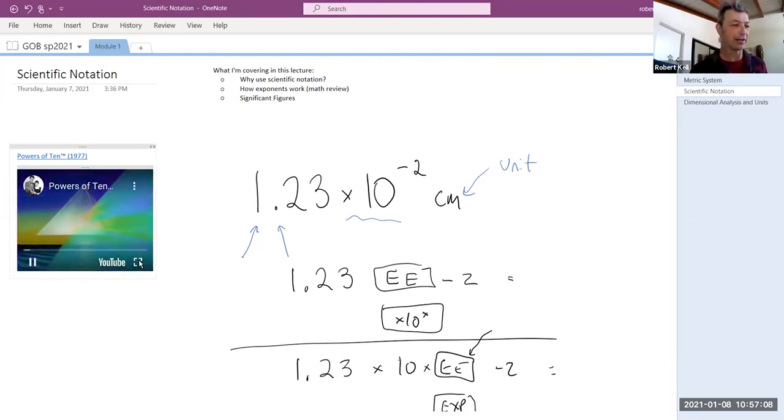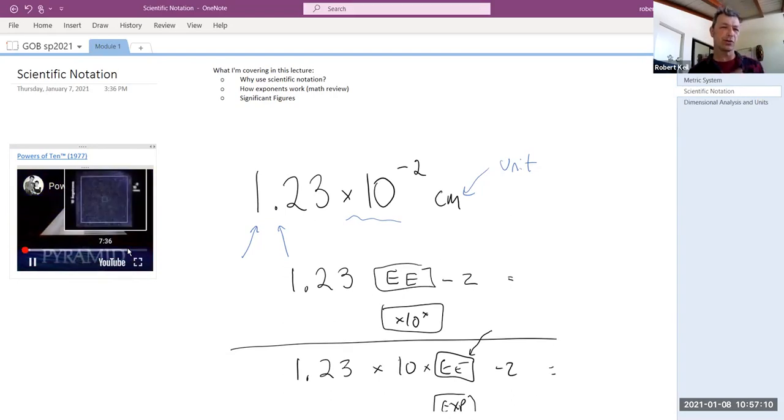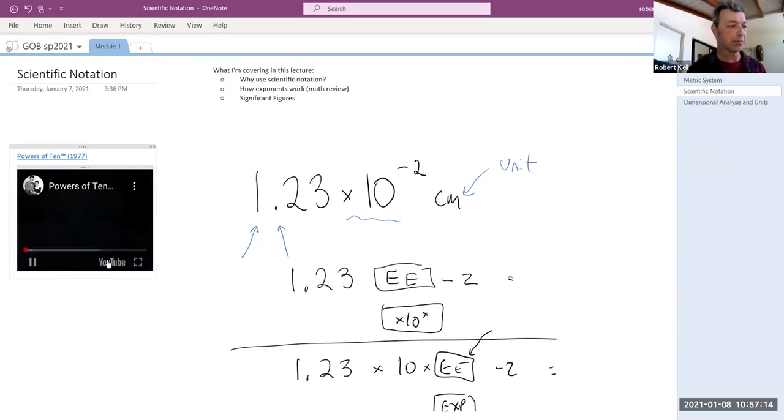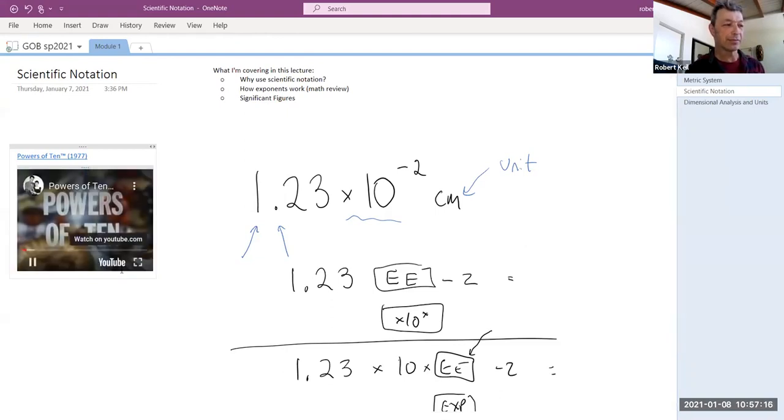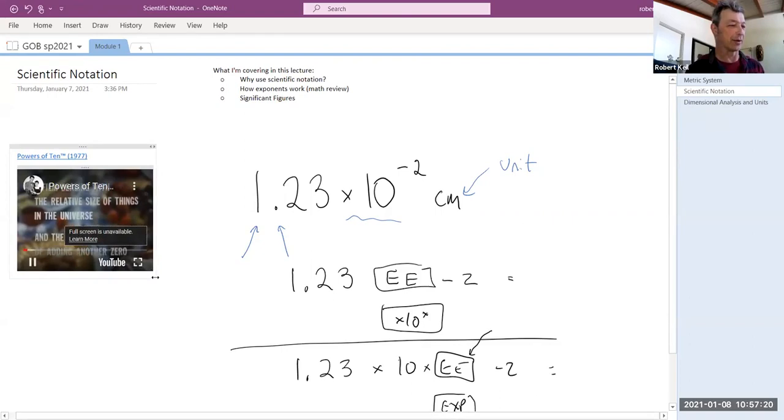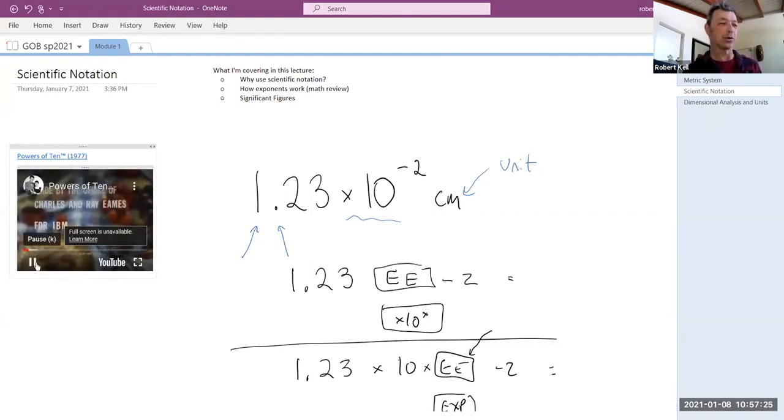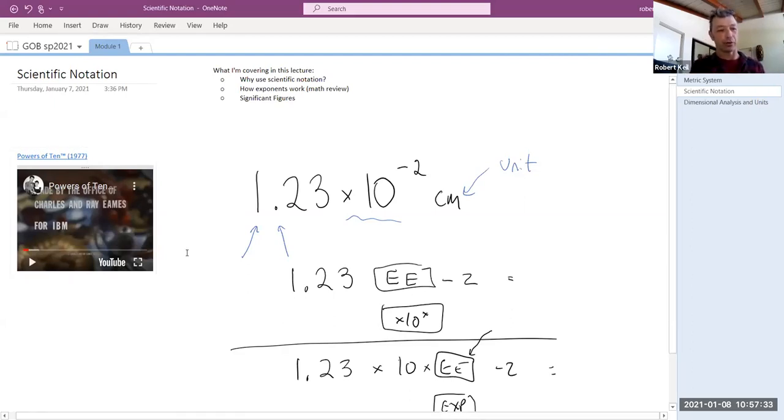It's a walk through the universe at powers of 10. It's wonderfully old school. It starts with people having a picnic, and then it zooms out, and then it zooms in, and it's neat. It shows you how big exponents can go. Anyway, check it out. It's pretty cool.